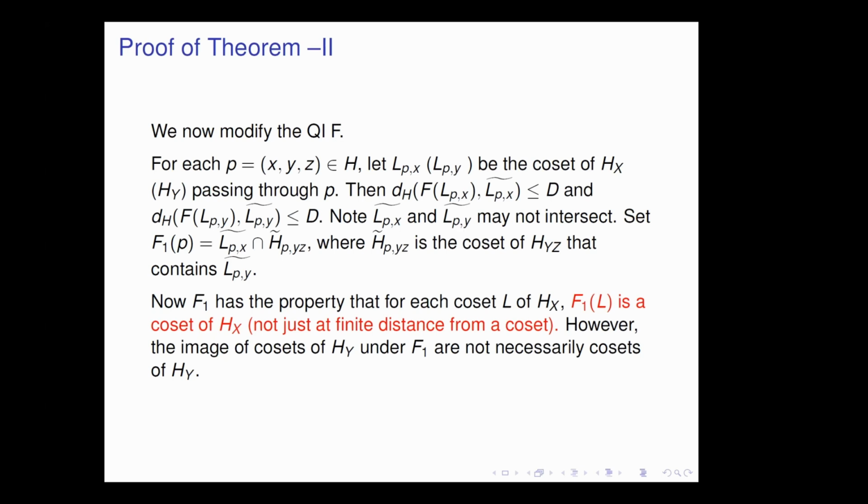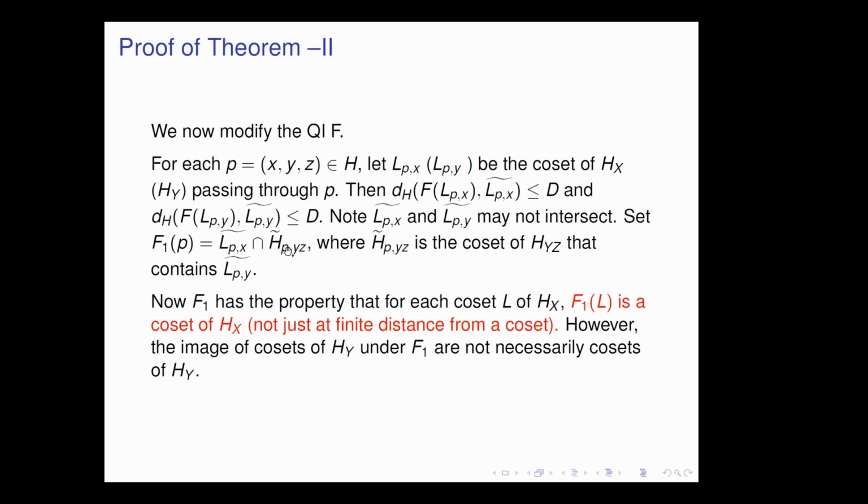So here we modify a little bit. We have F1 and F2. F1 will be defined by taking the intersection of LPX tilde with the coset of the yz plane that contains LPY tilde.